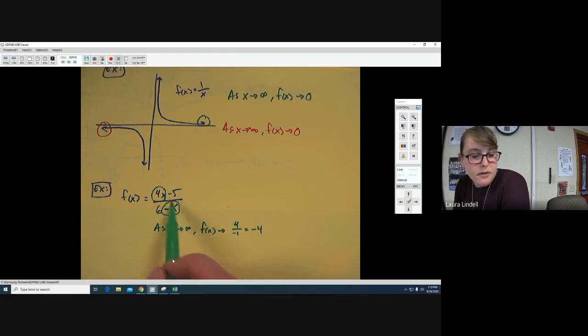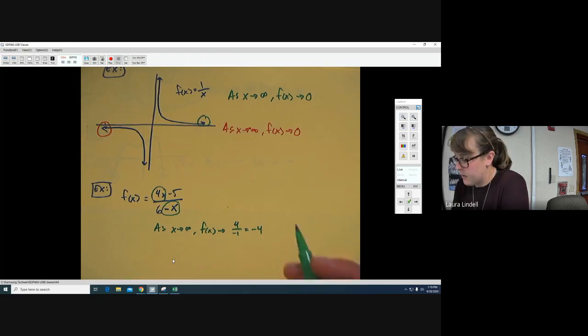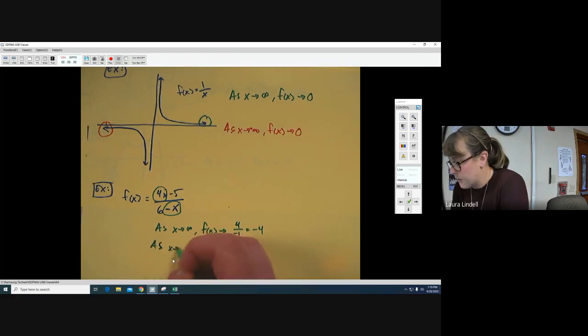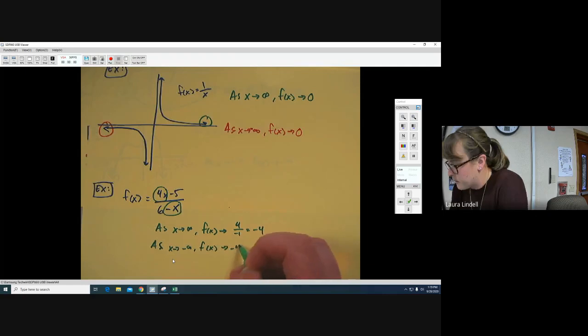If those powers of x are different, then the function won't look like that. It'll look different. But anyway, as x goes to -infinity, f of x is also going to -4.